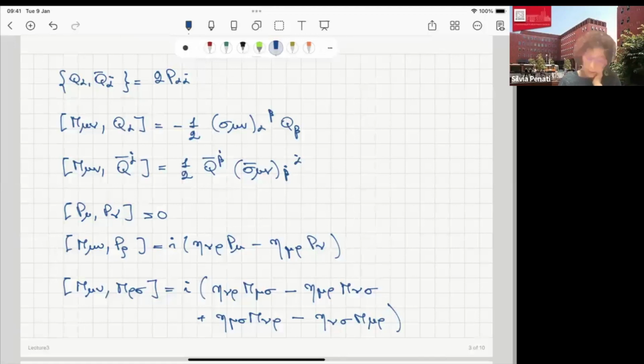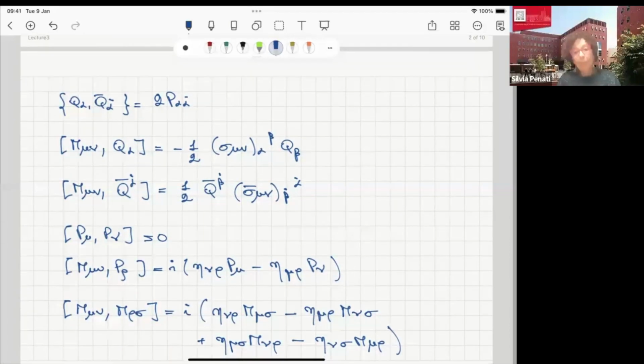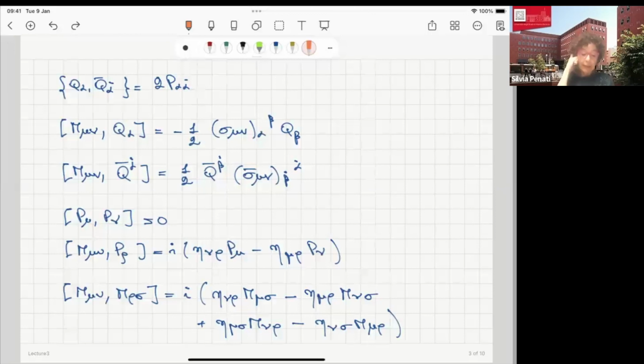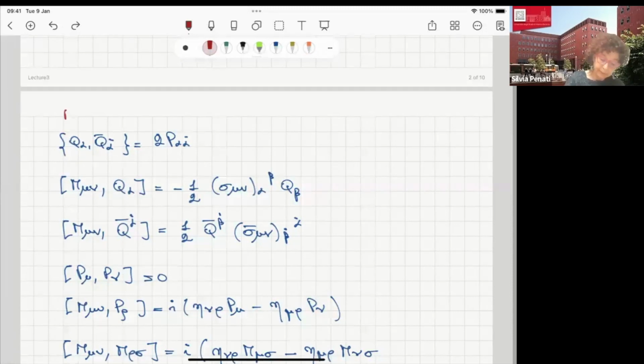The first obvious observation is that, differently from what was happening in the ordinary case when we consider a theory invariant under Poincaré plus internal ordinary group symmetries, this time Q and Q bar talk non-trivially with the Poincaré generators, because as I said, they transform non-trivially under Lorentz transformations. The set of commutators and anti-commutators that I wrote down is what we call the N = 1 supersymmetry algebra.